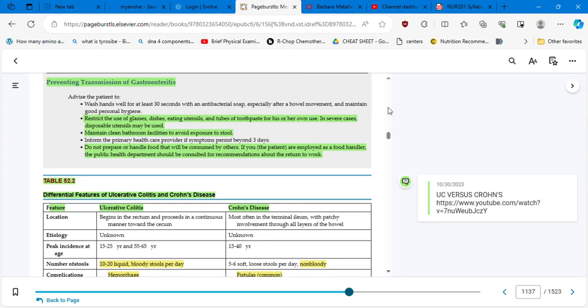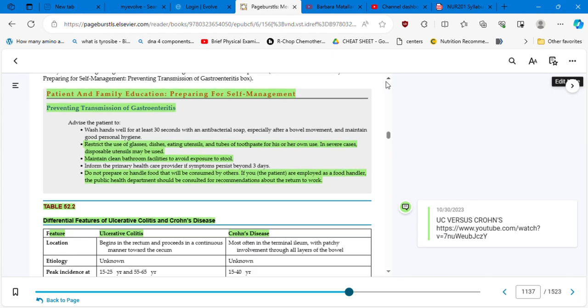Patient and family education, preventing transmission of gastroenteritis. Wash your hands, restrict the use of glasses, dishes, eating utensils, and tubes of toothpaste for his or her own use. In severe cases, disposable utensils may be used.